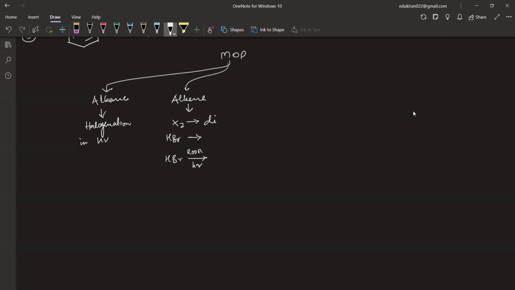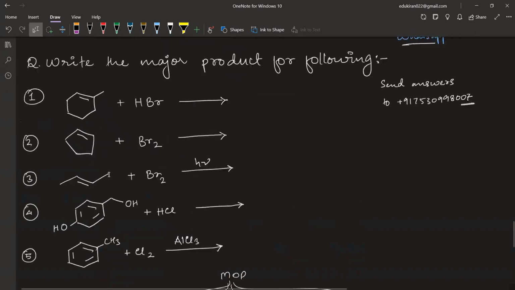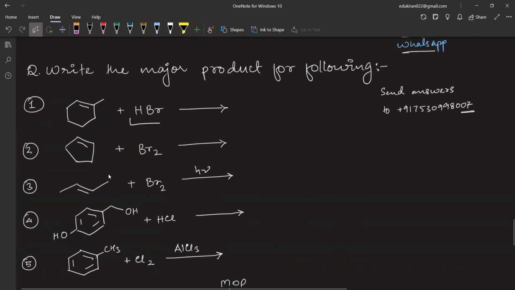Then we have alcohols, and then we also have electrophilic aromatic substitution, EAS. Okay, so first of all, tell me, here until this HBr, it is what? It is halo acid, right? It is hydrogen halide. So hydrogen halide with alkene.